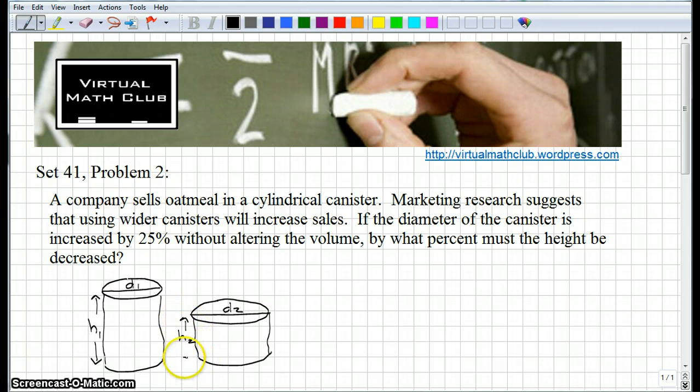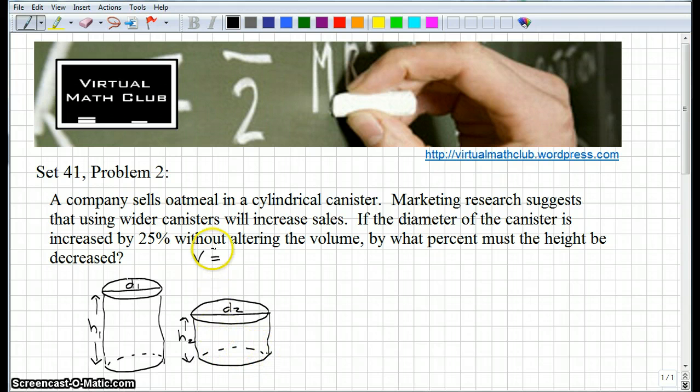And we know the volume of the canisters is given by the area of the base times the height. So the base is a circle. I don't usually think of the base as being on the bottom, but it doesn't really matter here.